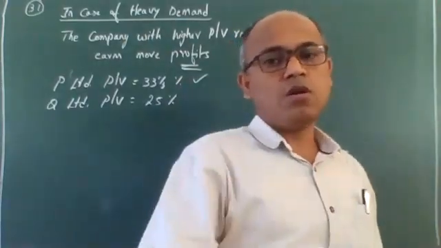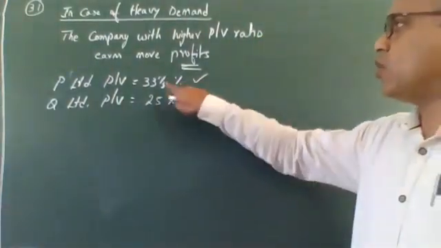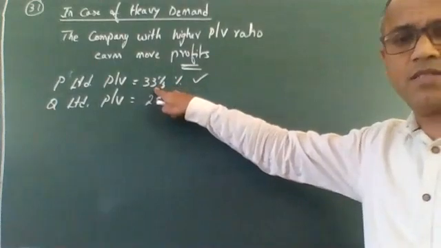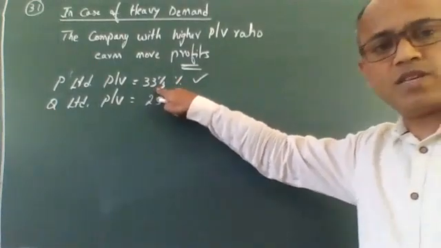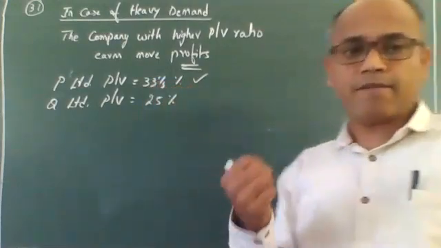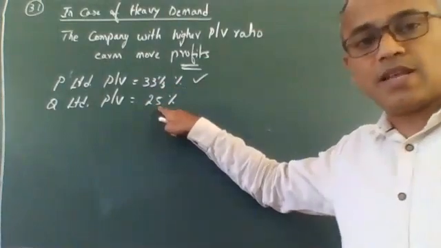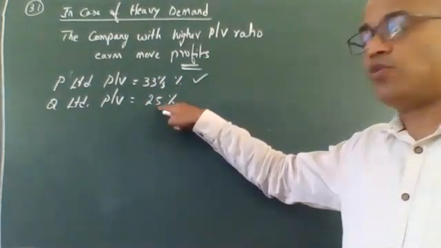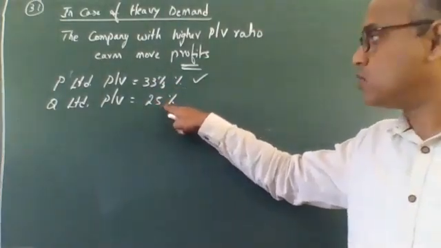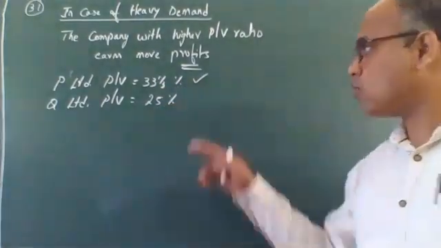More contribution, more profit. Logically speaking, out of every 100 rupees they are selling, 67 rupees they are spending in the form of variable cost, and the remaining 33% they have in the form of contribution. And for this company, when they sell 100 rupees, 75 rupees is variable cost and 25 rupees is contribution. So P Limited has more contribution.